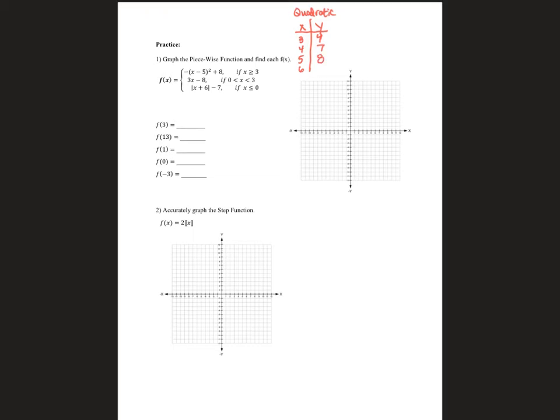Plug in 6, 6 minus 5 is 1, squared is 1, times a negative is negative 1, plus 8 is 7. So we have 3, 4, and that 3 is included based off this given domain restriction where x is greater than or equal to 3, 4, 7, 5, 8, 6, 7.